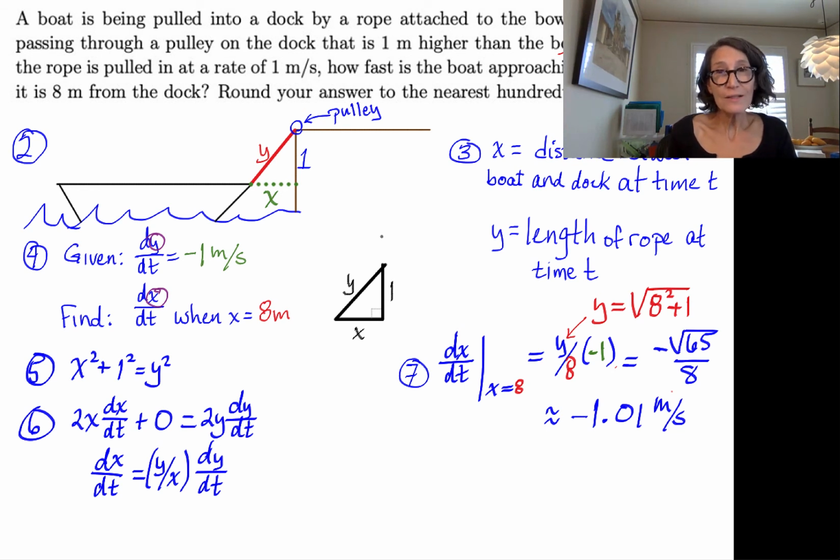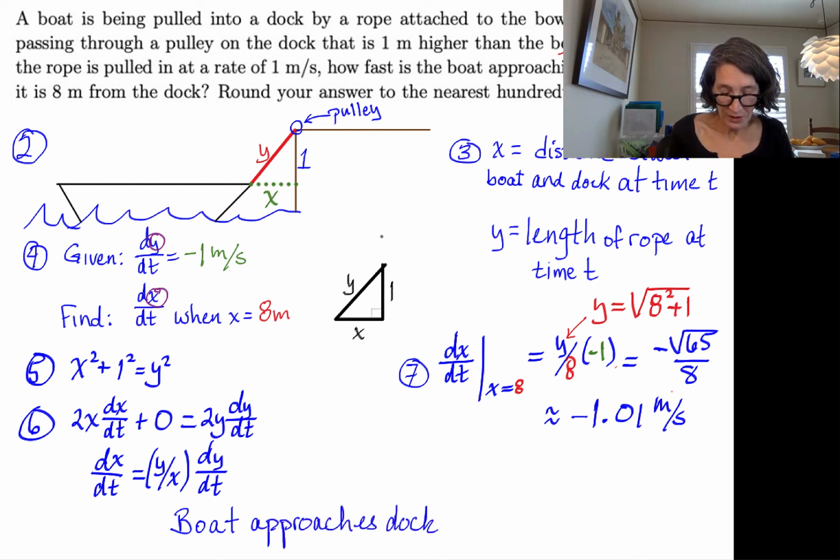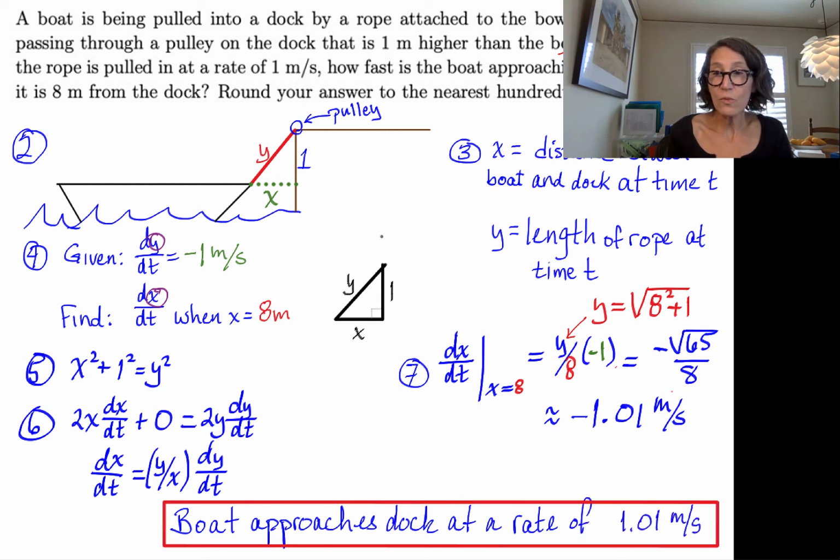It actually wants the speed of the boat. It wants to know how fast the boat is going forward toward the dock. And so that's going to be a positive rate, the speed of the boat. So we do want a positive answer. Our final answer is that the boat is approaching the dock at a rate of positive 1.01 meters per second.